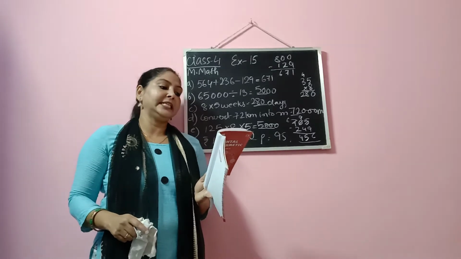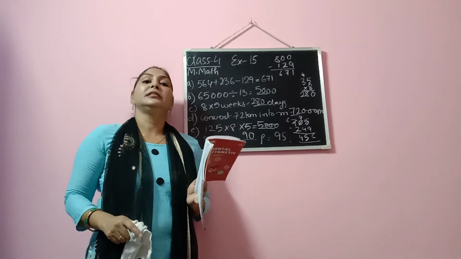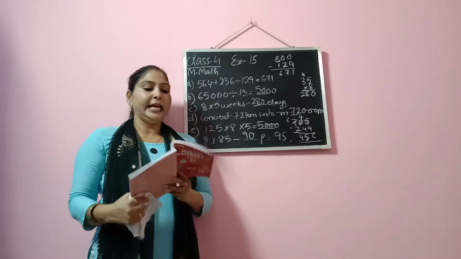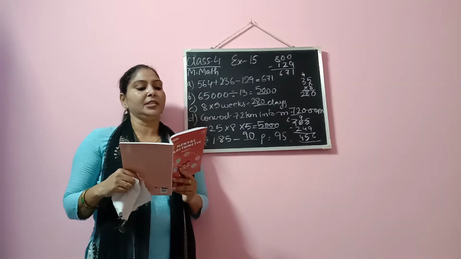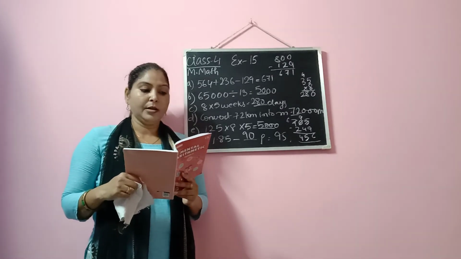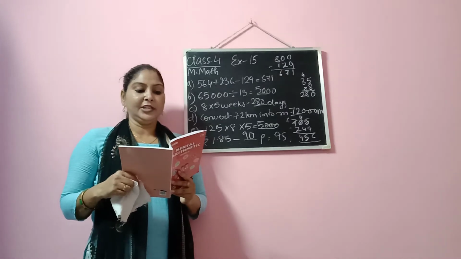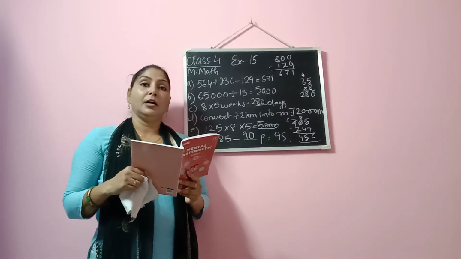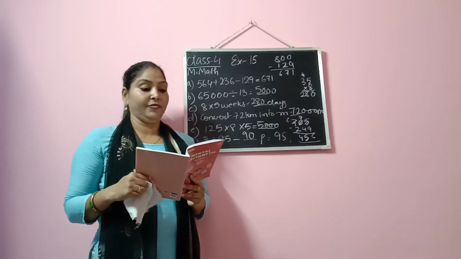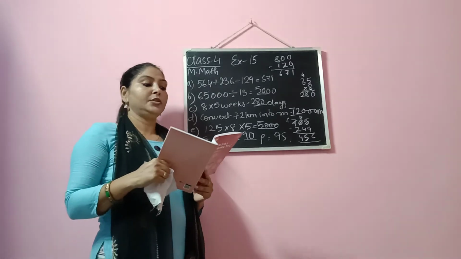Now we move to the next exercise, that is exercise number 16. Okay, now in exercise number 16, the first question is 124 plus dash minus 150 is equal to 0.